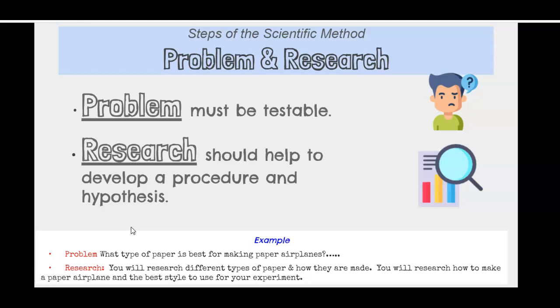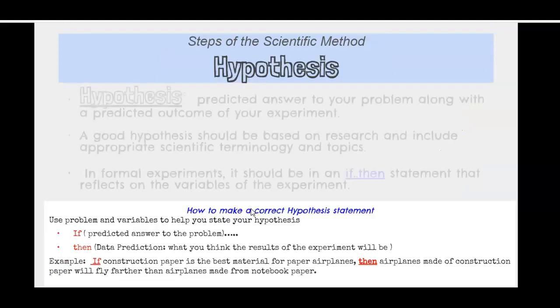And the research that you might do would be research on different kinds of paper, like what they're made of, how much they weigh, things like that. So you can definitely test the type of airplane by making the same kind of airplane with different pieces of paper. And you can do research about that prior to creating your hypothesis.